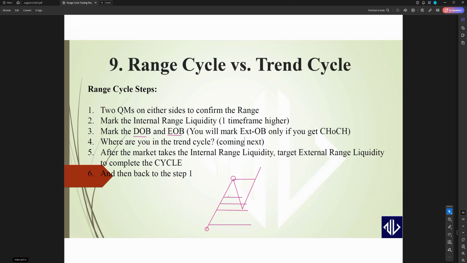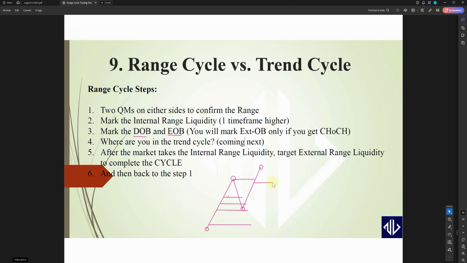So in this case, we say low, high, higher low, and we are looking for what? Another higher high. And when will this higher high confirm? When another QM forms. Once this QM forms, then this low to this high will be the new range.